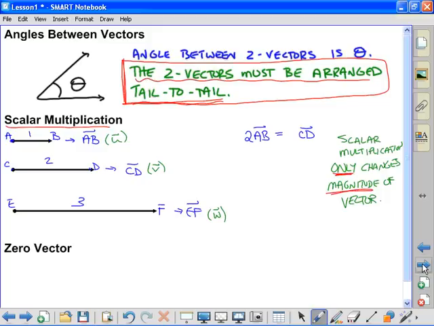So it only changes magnitude. I could have also written it, vector AB is equal to 1/2 the magnitude of CD. And again, this is only because they're in the same direction that we can play this game. Similarly, 3 times AB is equal to EF.